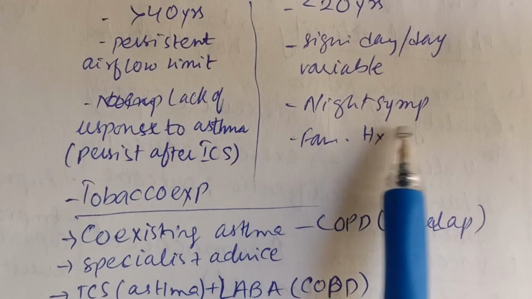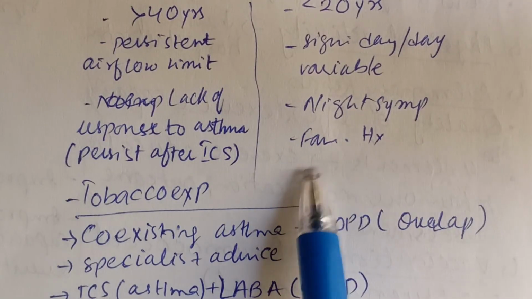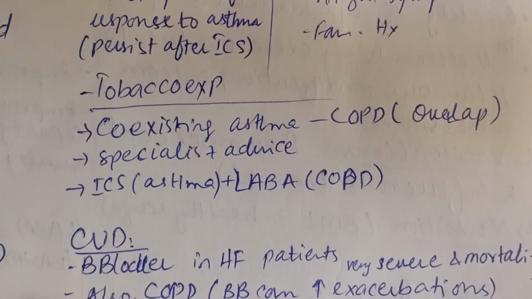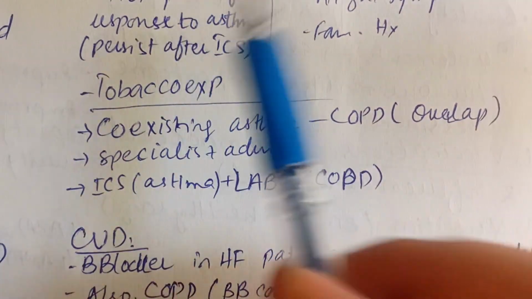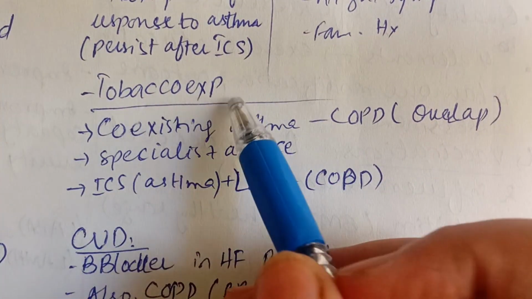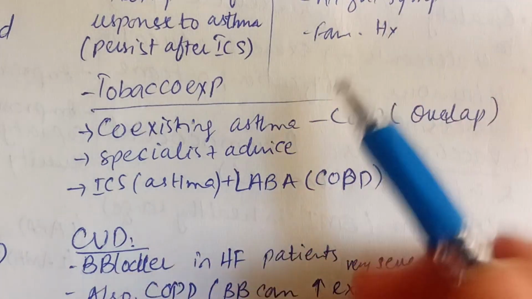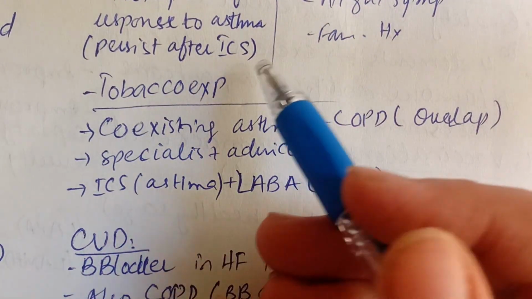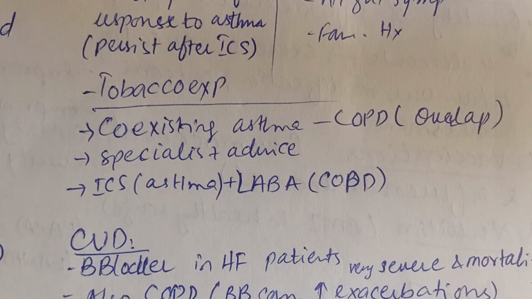In asthma patients, they have night symptoms and also a family history. COPD is associated with very high exposure to tobacco. Asthma can also be aggravated by tobacco exposure, but in COPD, tobacco is the main causative agent.